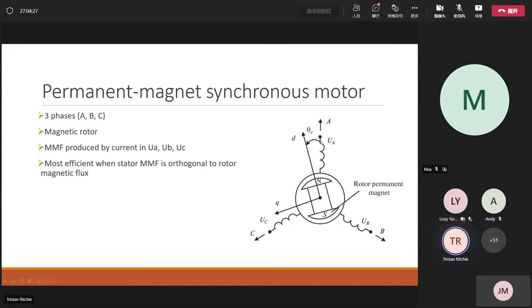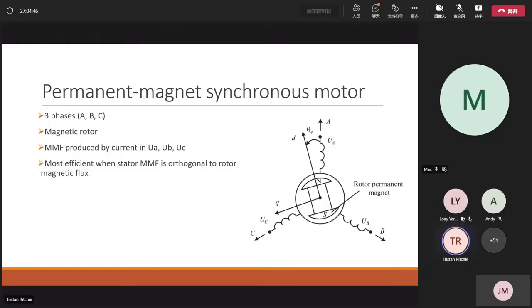Those are shown here as phase A, phase B, and phase C. The rotor, on the other hand, is embedded with permanent magnets that produce a static magnetic field. And it is the interaction between the stator MMF and the rotor which produces torque.